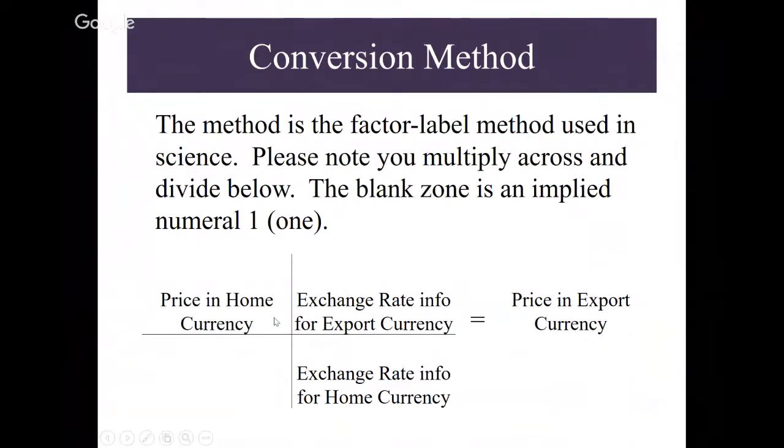You start with the price in what we call the home currency, the nation where the product, service, or resource is manufactured. Then you multiply the home currency price by the exchange rate information about the export currency, which is the currency of the country where the product is being shipped to, and you divide by what the exchange rate says about the home currency.